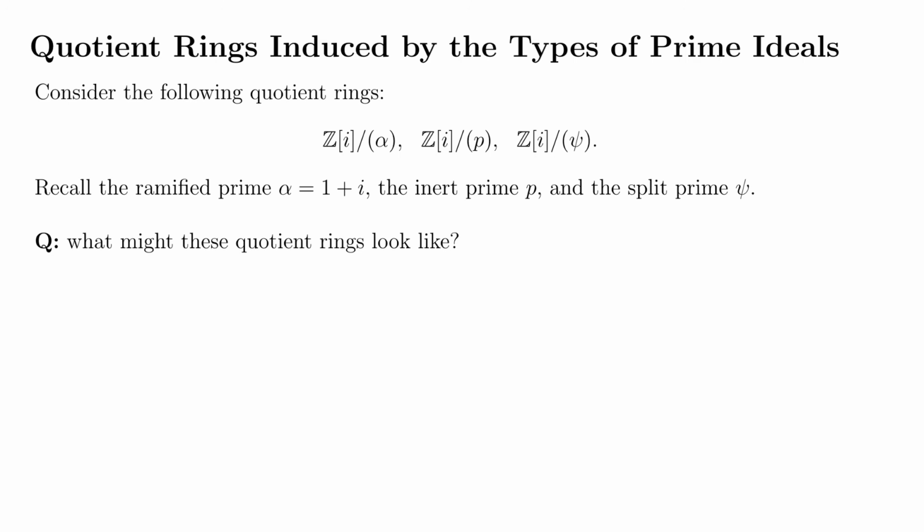Now we'll look at some of the quotient rings induced by these prime ideals. Consider the quotient rings Z adjoin i over the ideal generated by alpha, the rational prime p, and the split prime psi. Think about what these quotient rings ought to look like.